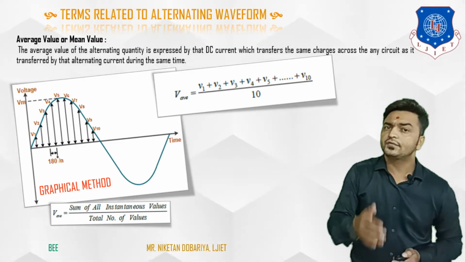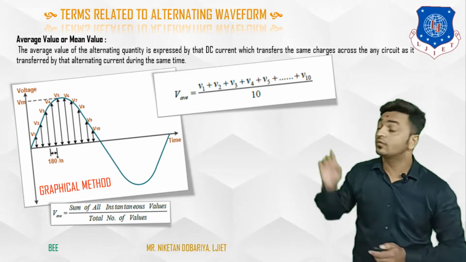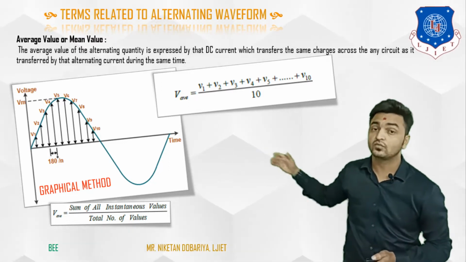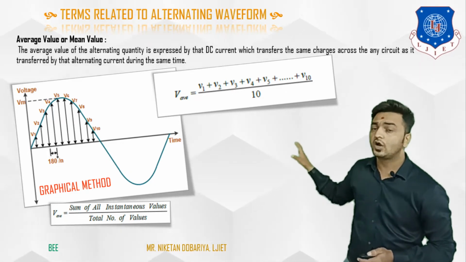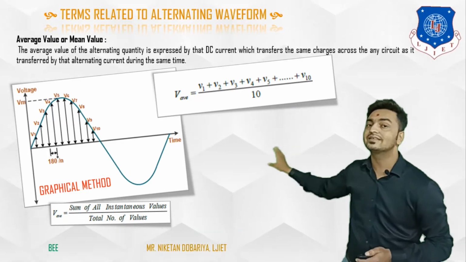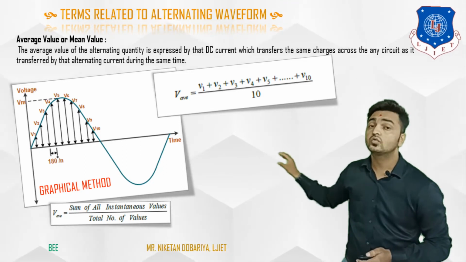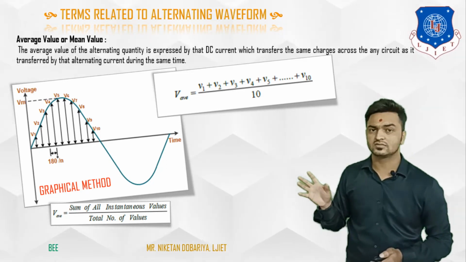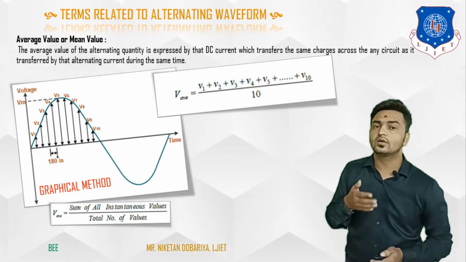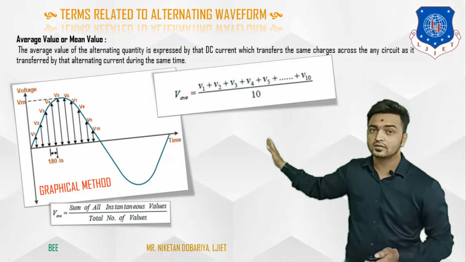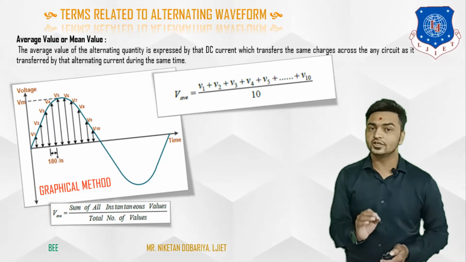Now first of all, if we calculate the average value of this full cycle, then what will happen? In this waveform, if we observe the positive cycle and the negative cycle, both are identical, they just have different polarity. So if we directly calculate the average of this full cycle, it is going to be 0.